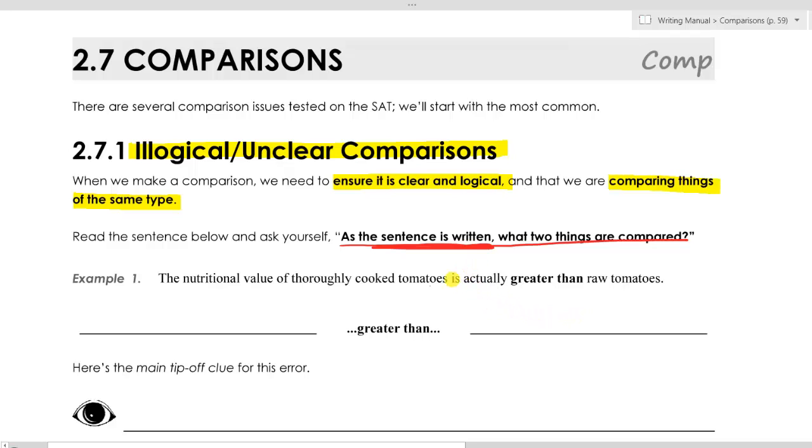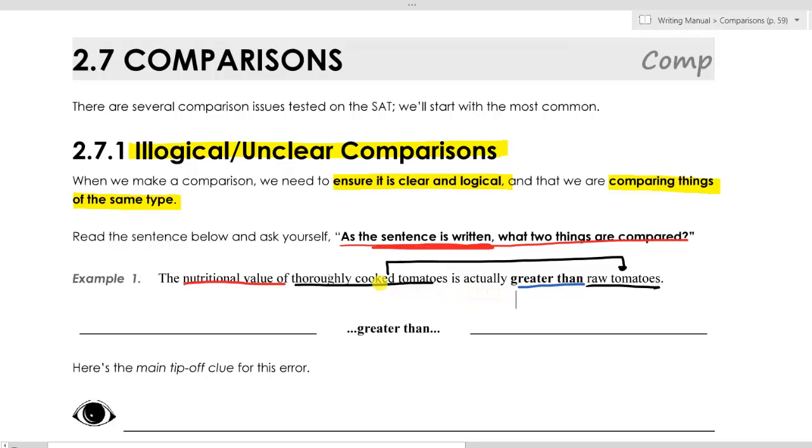However, that's exactly the problem: we have compared in this sentence the nutritional value of one type of tomato to the other type of tomato itself. These two things are comparable. We could compare thoroughly cooked tomatoes to raw tomatoes. We could say one of those is greater than the other.